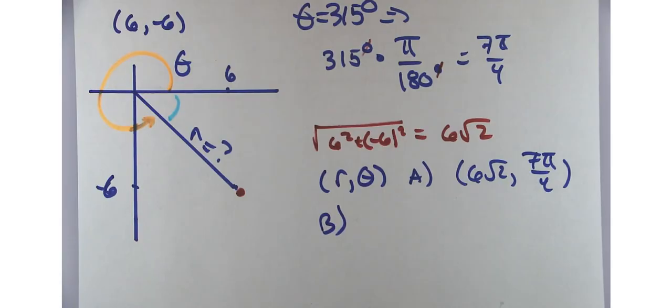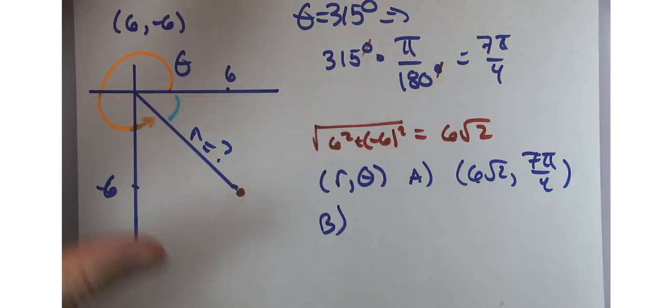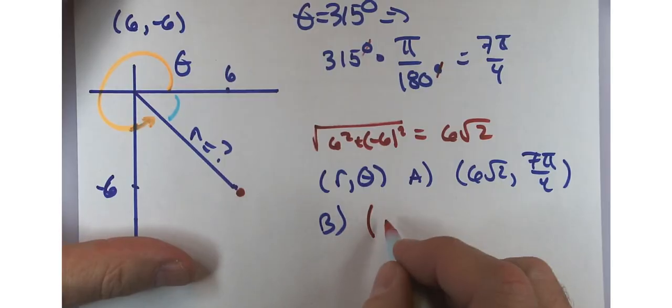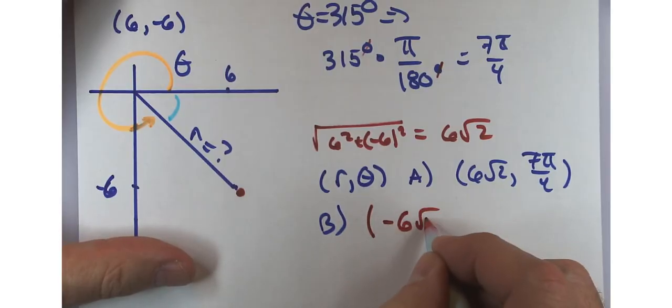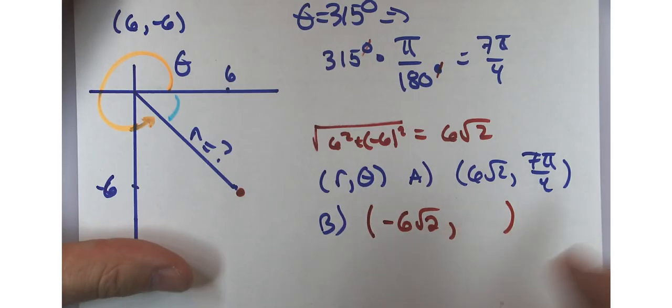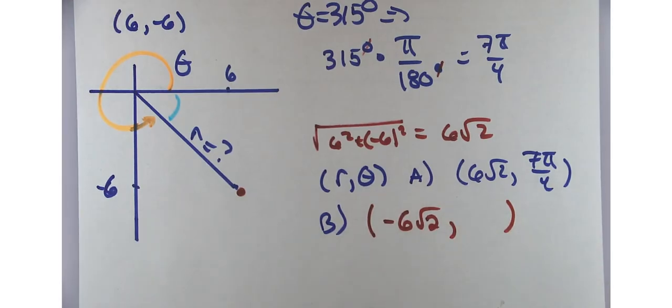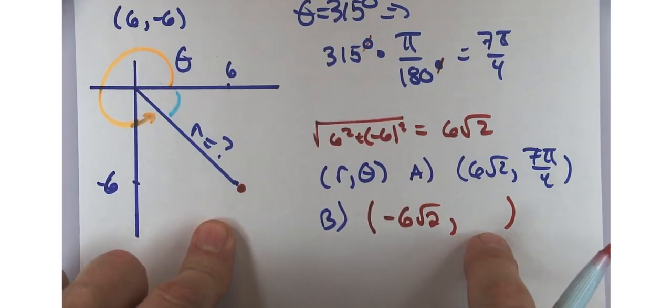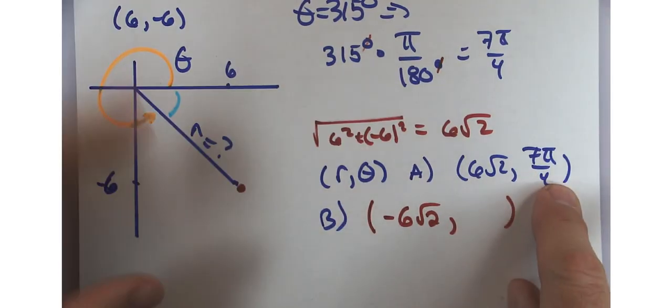Part B, we had a different little spin on this. We wanted to have a negative radius. So for our answer for part B, we're going to start out with negative 6 square roots of 2. And now we need to figure out the angle that is going to make this the same point as what we have up here.